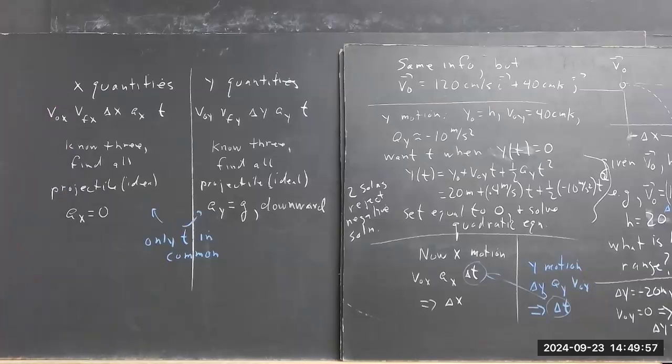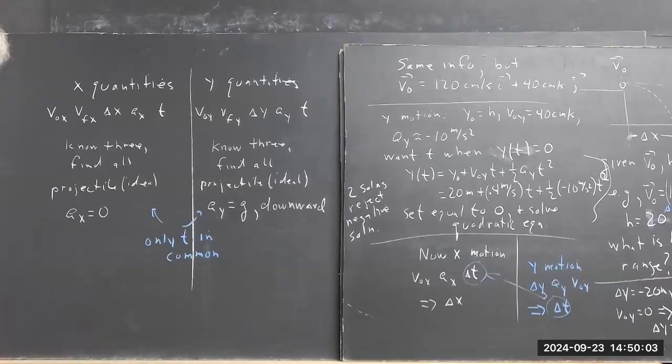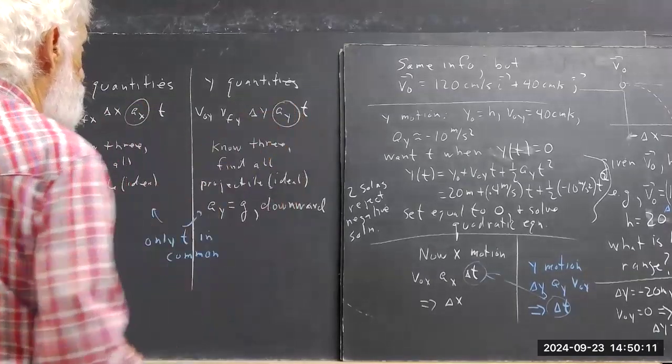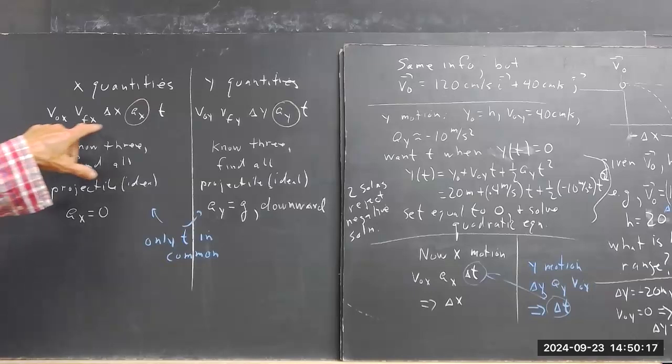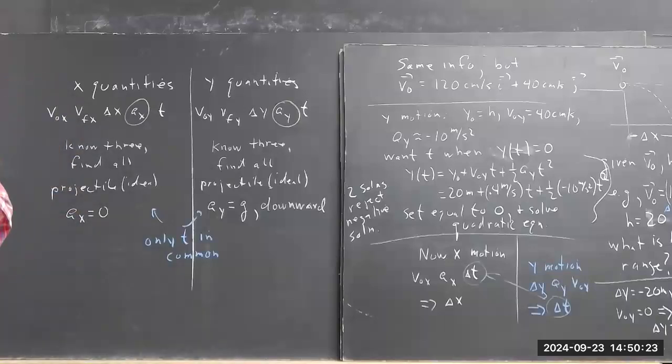For your X quantities, for an ideal projectile, you know the acceleration is 0. So you kind of automatically know this and this. Meaning you only need 2 more quantities here to solve the entire X motion.